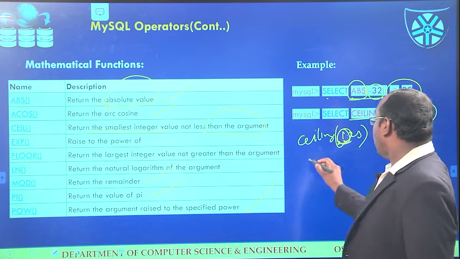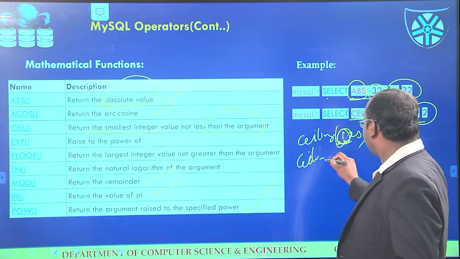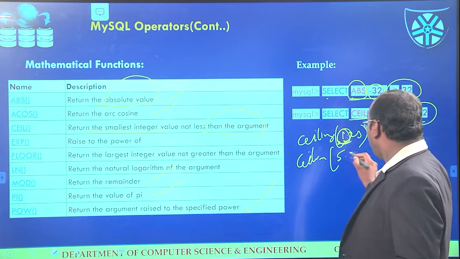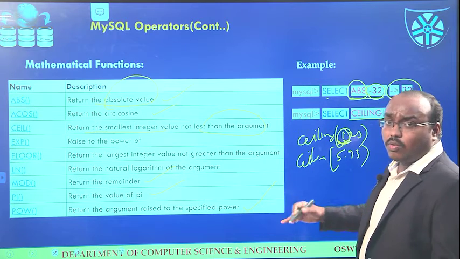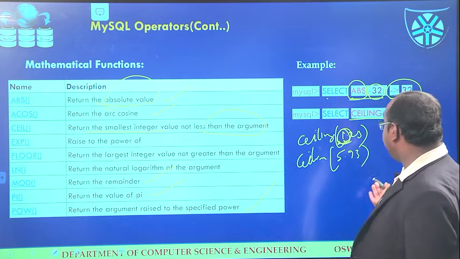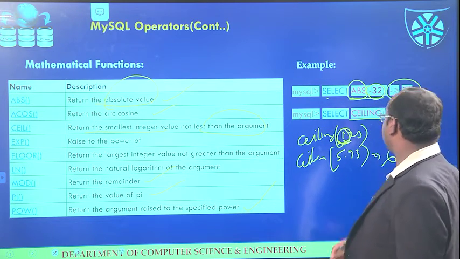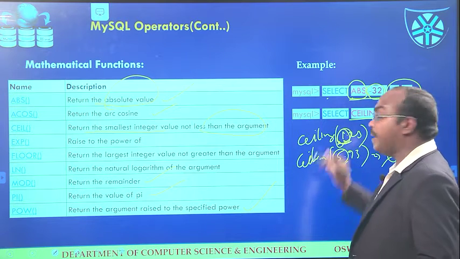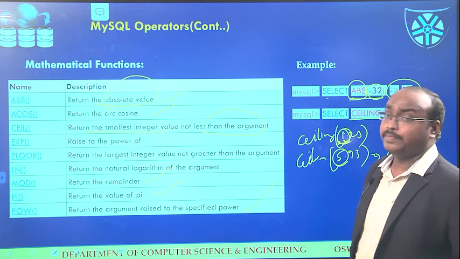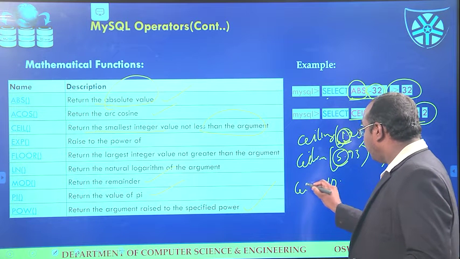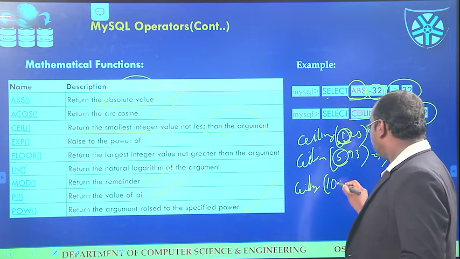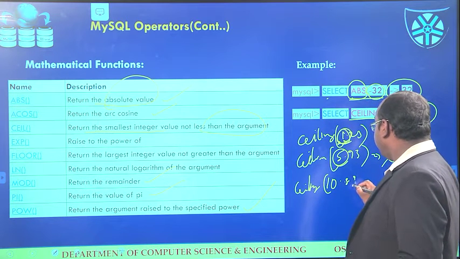For example, I am taking ceiling of 5.73. Then what will it return? It will return the value 6, not less than this argument. Another example, ceiling of 10.83.